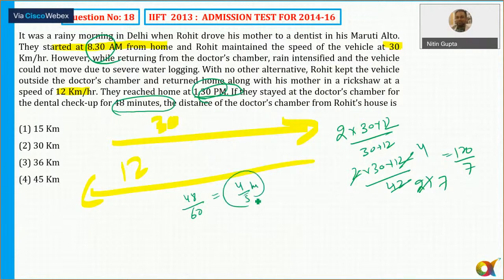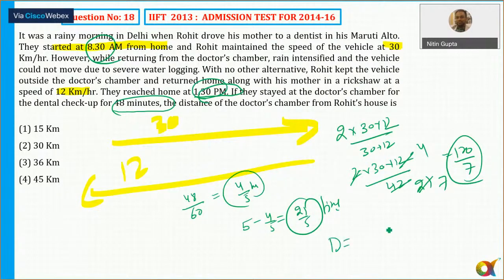So actually total उसने कितने देर तक ट्रैवल? So this is 5.